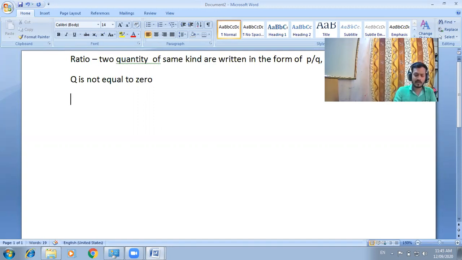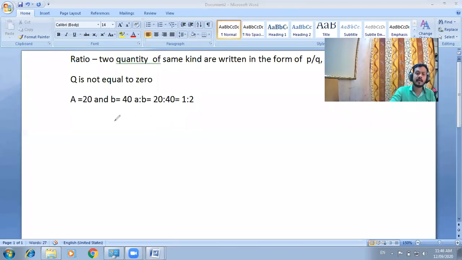Okay, we can take two examples. A equal to 20, and B is equal to 40. Then compare A to B. A to B equal to 20 to 40. After simplification, the answer becomes 1 to 2. But what is the actual meaning of 1 to 2?